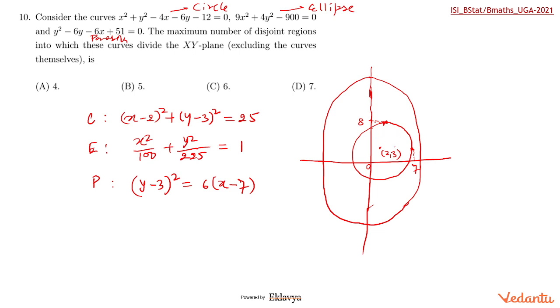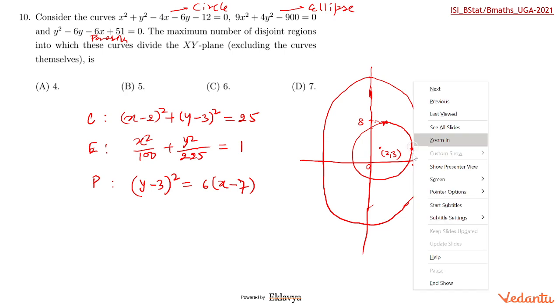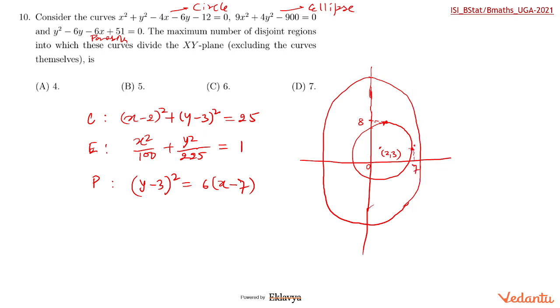The parabola has vertex at 7, 3. Here is the vertex of the parabola, and it will cross the x-axis when y is 0 here. 6x minus 42 is equal to 9. 42 plus 9 is 51.